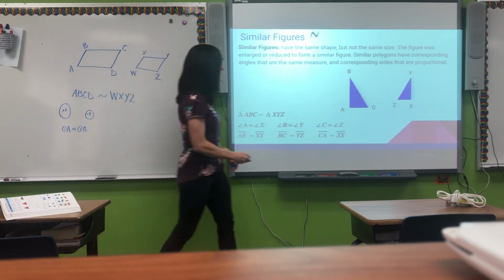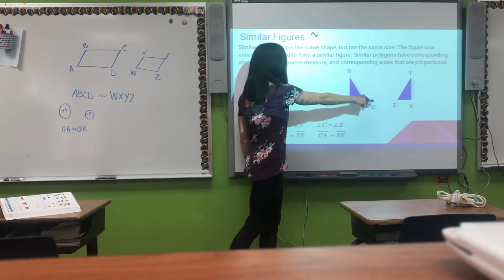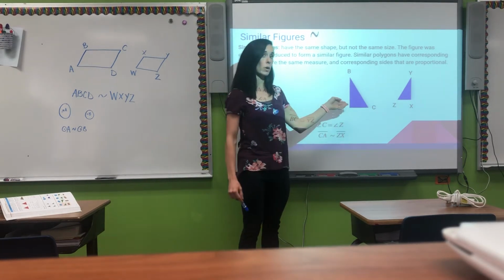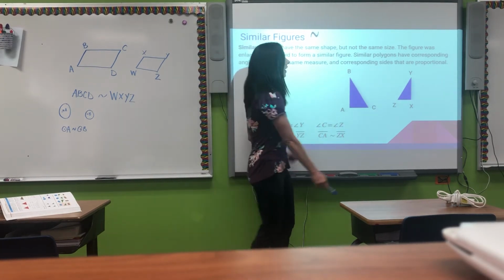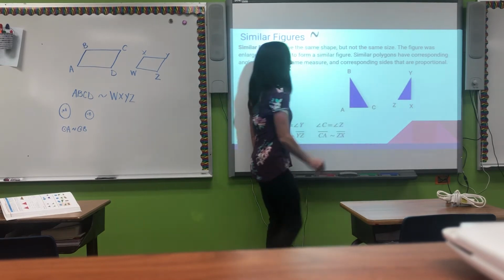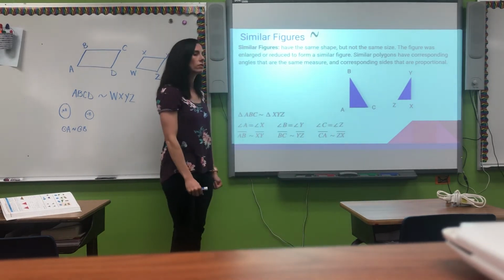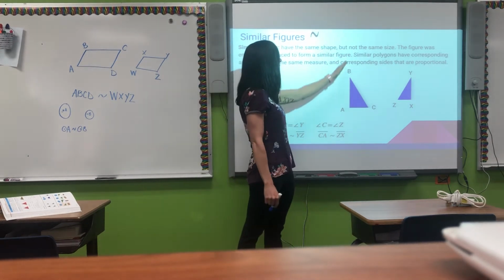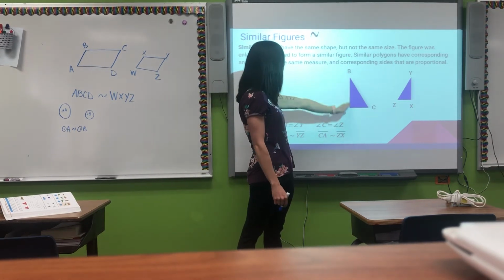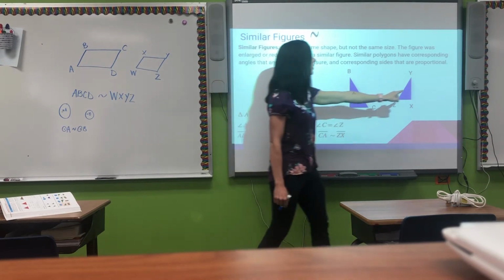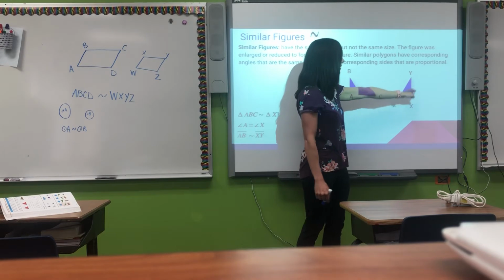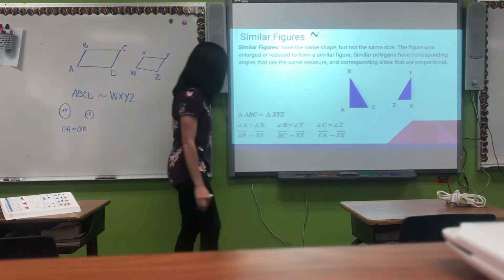So this is showing us the triangle ABC is similar to triangle. Now here's one where it's flipped, XYZ. So we need to pay attention to which sides correspond with which sides. So we can tell, right, that we've got like this right angle here with angle A. So that means that this is the proportionate side, the corresponding side over here.